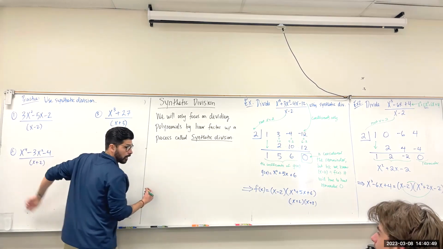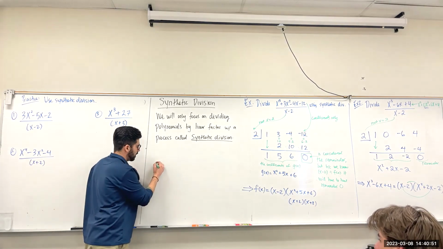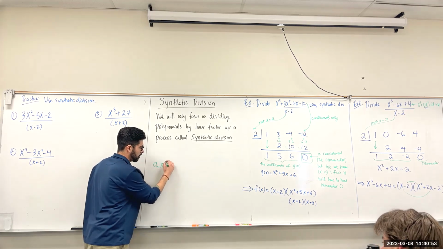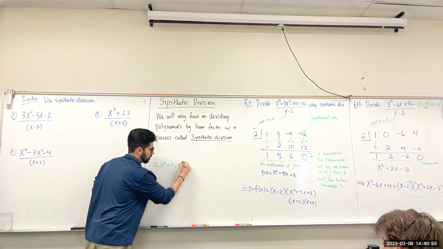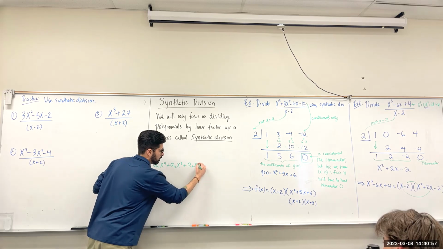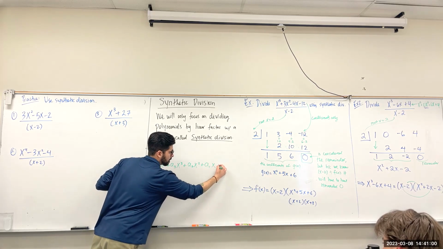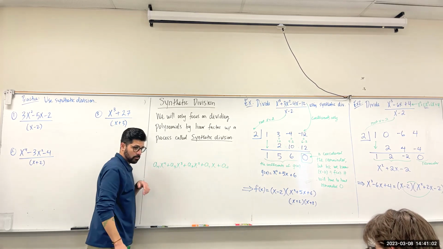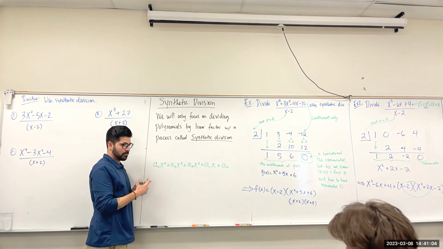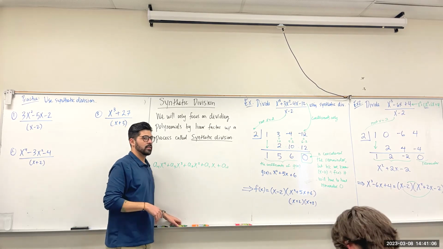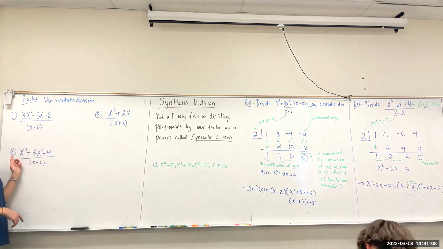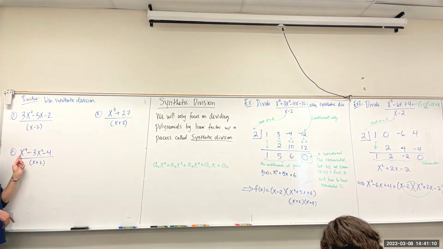This is degree 4, right? If I write it with this notation that we learned. Guys, for number 2, this is a degree 4 polynomial, right?